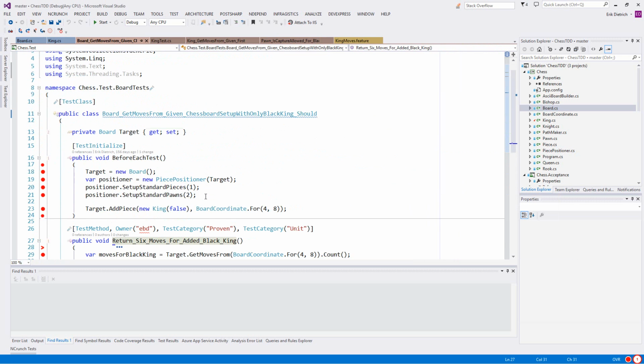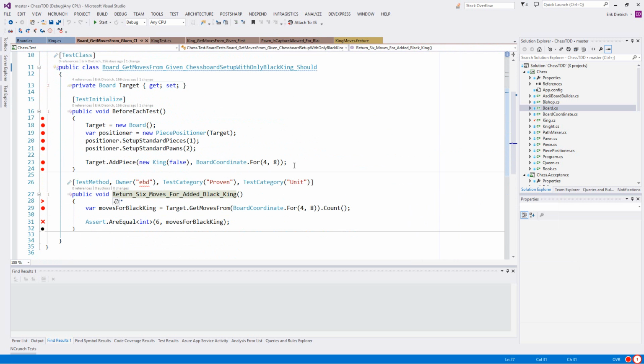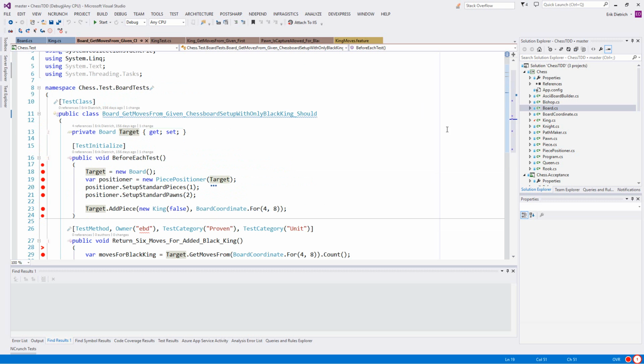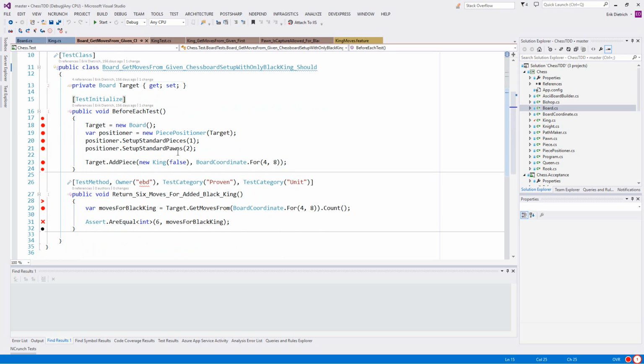And you'll see me hesitate here too. It was getting late in the episode, or I might have started to reason about this, but I'm paused here because I'm wondering what the value of this test class and test is. There's one test in here, and all I'm doing is saying that there should be some number of moves for the Black King. I wish I could remember why I wrote this.